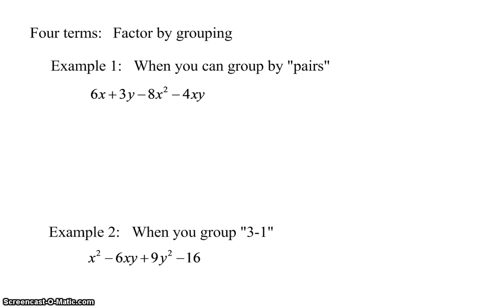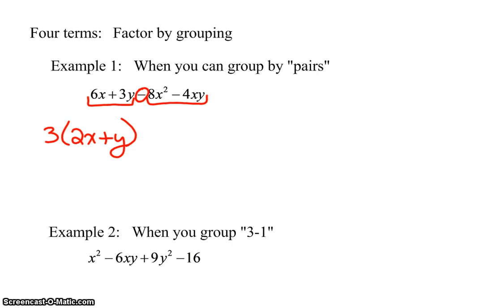If you have 4 terms, there are 3 ways to group. You can either group it in pairs, which is the first example, or you can group 3 and 1 or 1 and 3. When you group in pairs, what you're looking for is something that each pair has in common. My first pair shares a 3 and leaves me with 2x plus y. Now, when you do it in pairs, that sign in between is really important because it usually means that the second pair has that as a common sign as well.